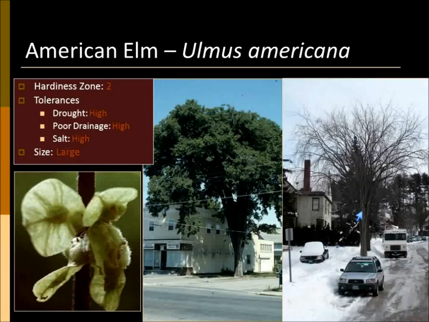So the resistance with the elm is the big thing, and there are a lot of new varieties out there. There's Princeton, which has been around for a while, Delaware, New Harmony, to name a few. And then there are elms out there that are not American variety that I've got.